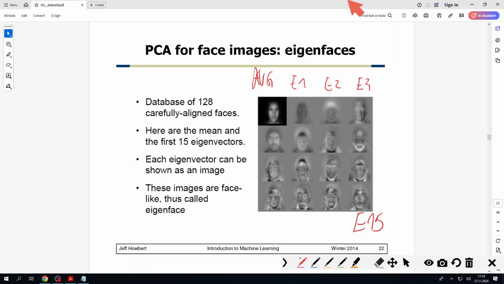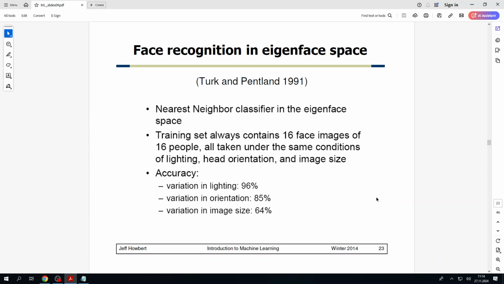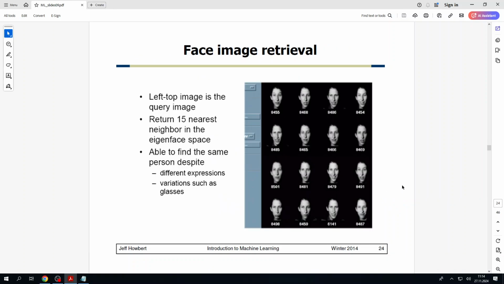Each of them can be packed or unpacked as a single vector, just like we did in our neural network program. And because these eigenvectors are actually showing some faces, even at these levels, they are called eigenfaces. The idea here is identification of a person depending on the picture.